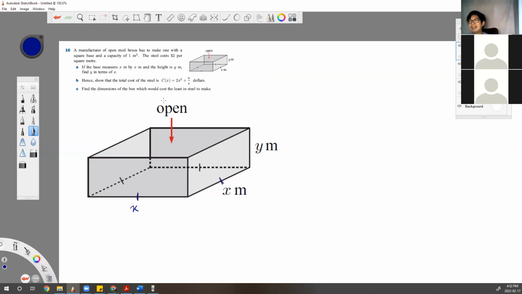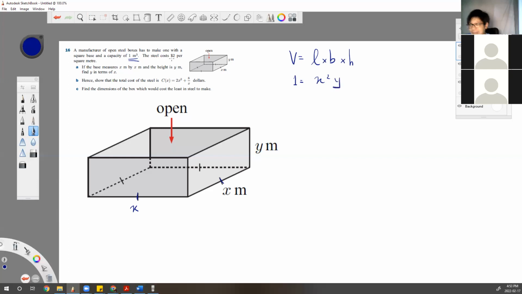So we are finding the area. Now focus on what is given, volume, right? LBH, remember? Volume of the cuboid is x times x times y, x squared y.